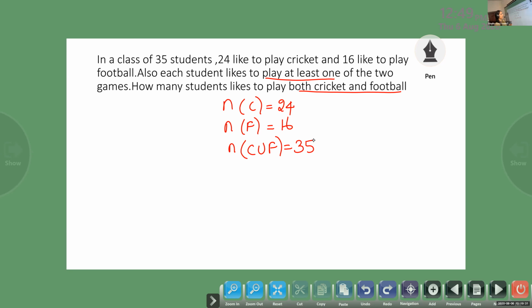What we have to find? You have to calculate C intersection F. Apply the formula and complete this one. Will you be able to do this one? Yes, ma'am.